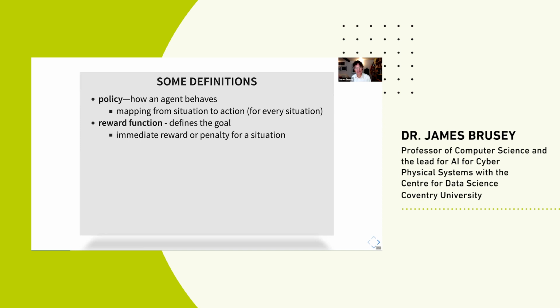The second point is the reward function. This defines the goal of your problem, whatever you're trying to optimize or get right. It could be an immediate reward, defined in terms of the immediate reward and specific to that particular situation. In some cases, you would define a game as being successful when you've actually won the game.